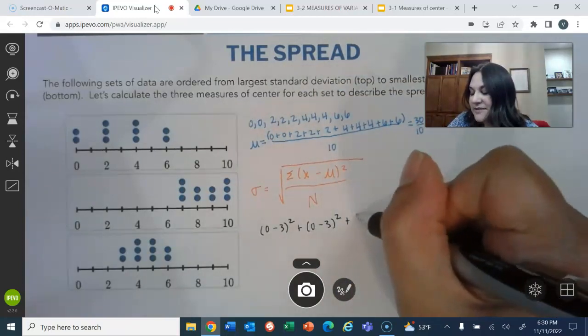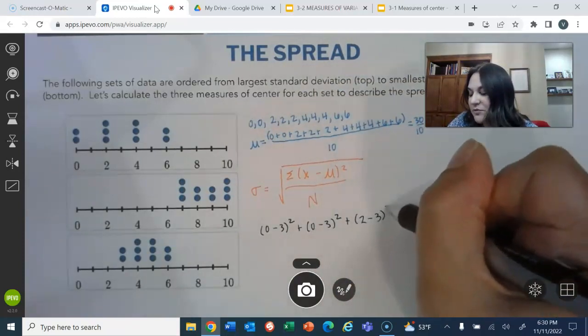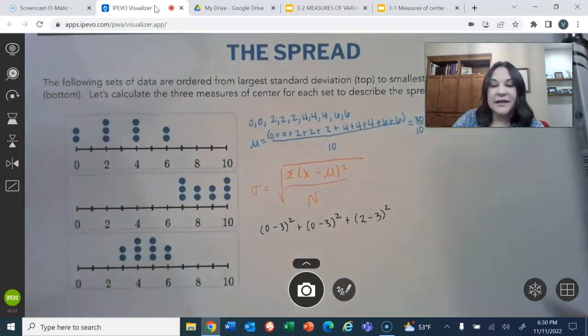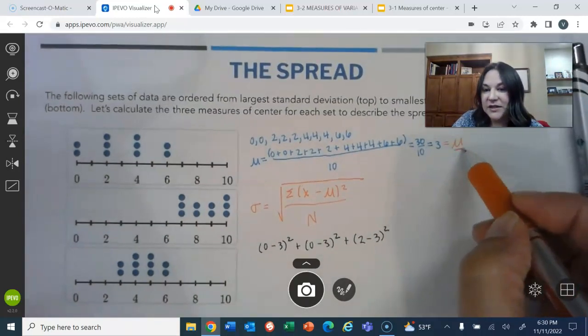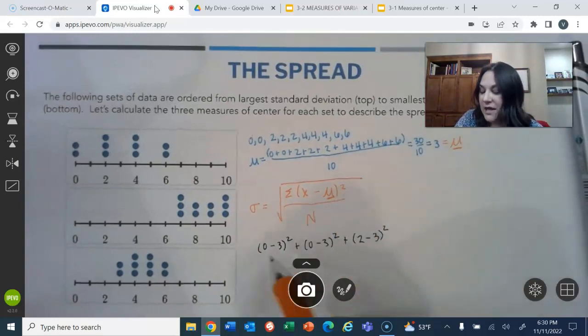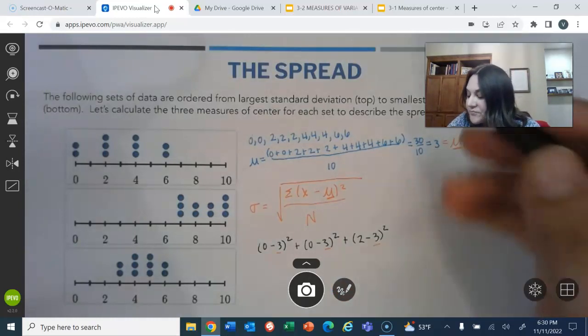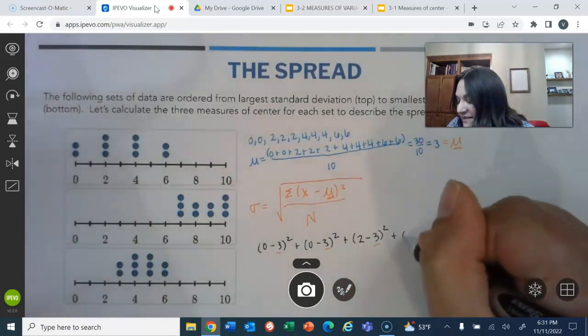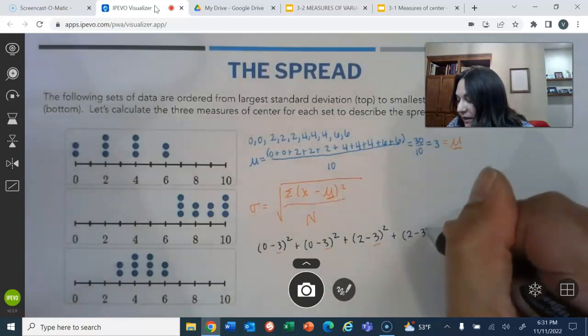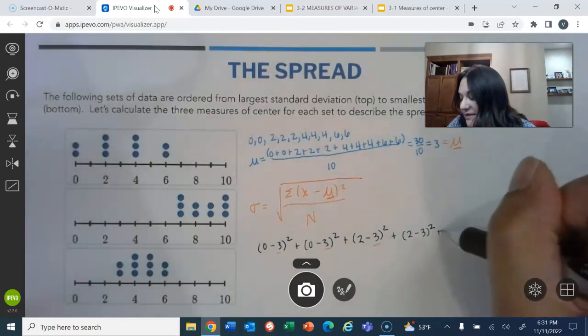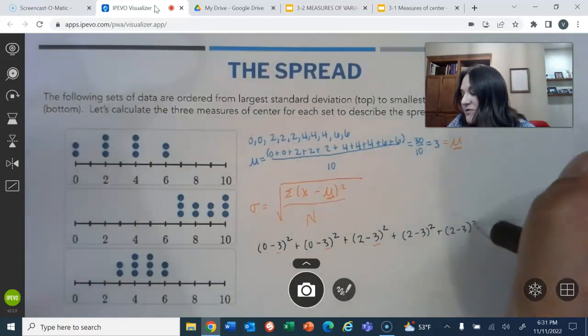And then plus 2 minus 3 squared. The reason I keep using 3 is because 3 is our mean, and we're trying to figure out every single number in the list, its distance away from the mean. And so I'll continue plus 2 minus 3 squared plus 2 minus 3 squared.